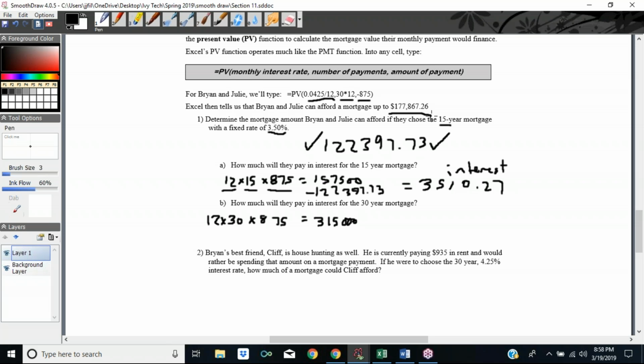And that one they're borrowing $177,000, so minus $177,000, and then subtracting those, whoops, I missed a number in here. This should be $35,102.27, where the 15-year mortgage, they're only paying $35,000 in interest on that house. So they're paying almost double for the house on a 30-year mortgage. Please note that.